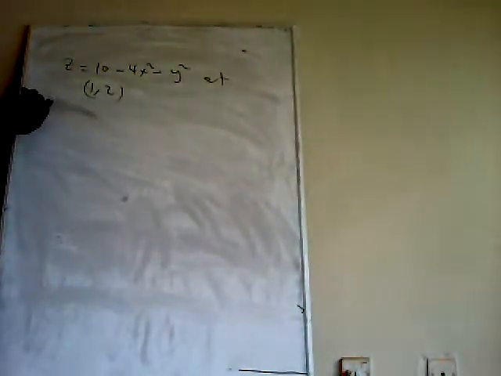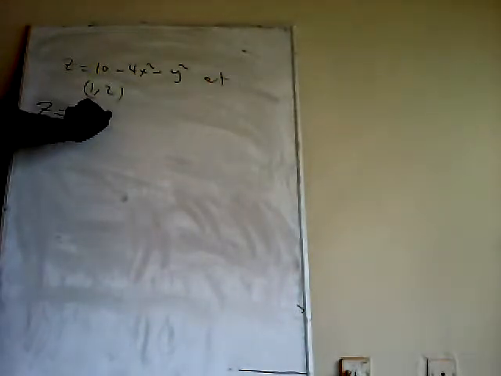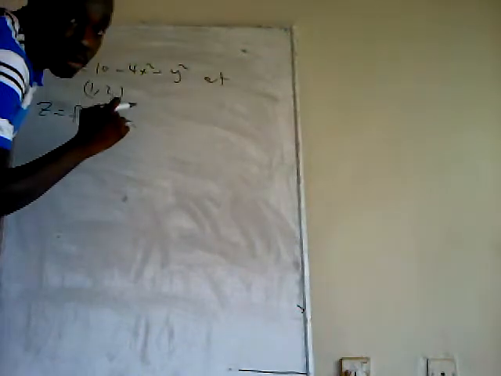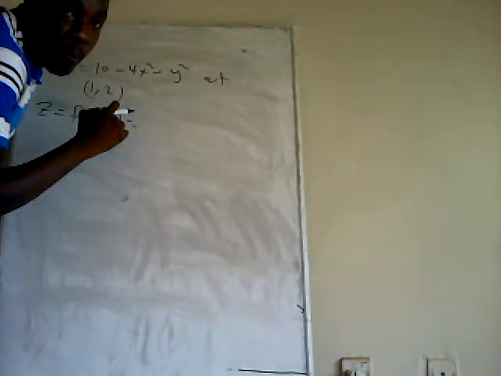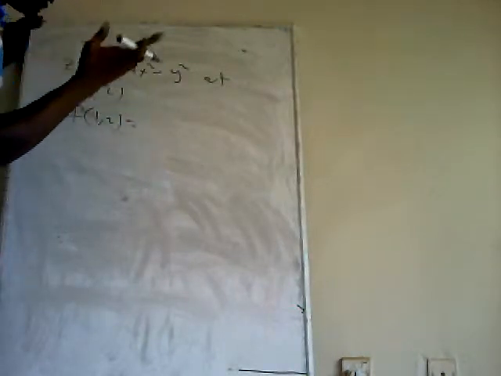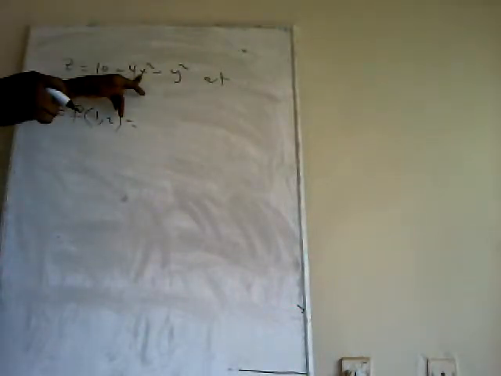f of 1, 2. Now, what is z? We need the z component here, right? f of 1, 2. When I put 1 and 2 in this equation, when I put 1 here, I get 4.